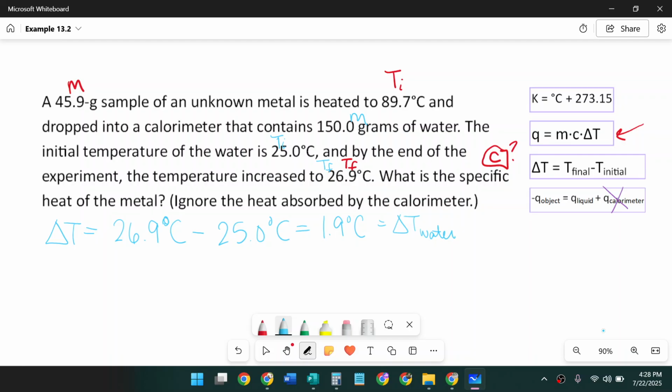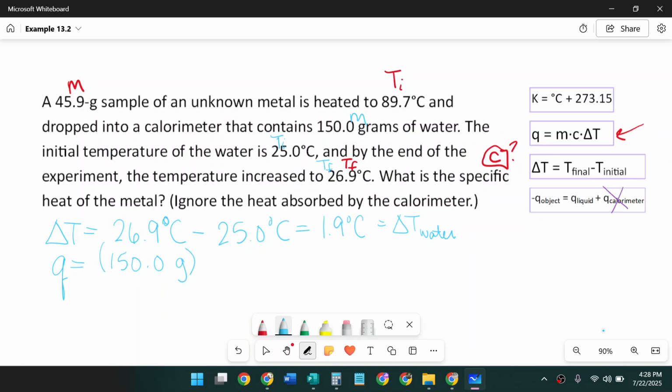So now we have all the pieces we need to find the information about our Q for our water. Q equals the mass of the water, that's 150.0 grams.